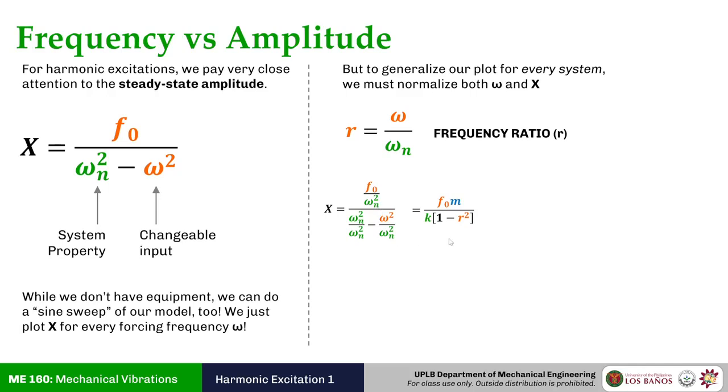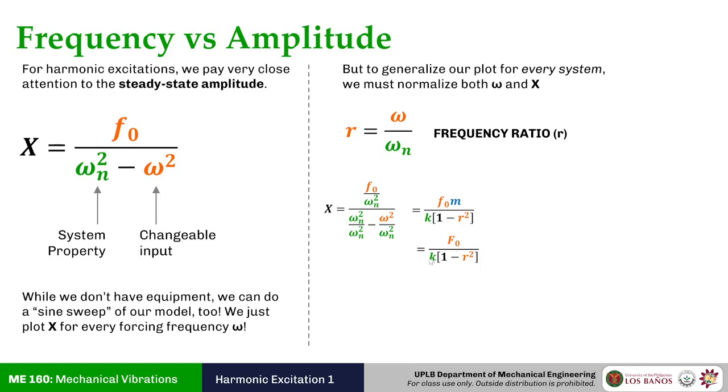And what does this look like? It kind of looks like a deflection equation. So if you recall Hooke's law, F equals the stiffness times the displacement. It kind of looks like that. So if we divide F naught over K, we get a displacement term.